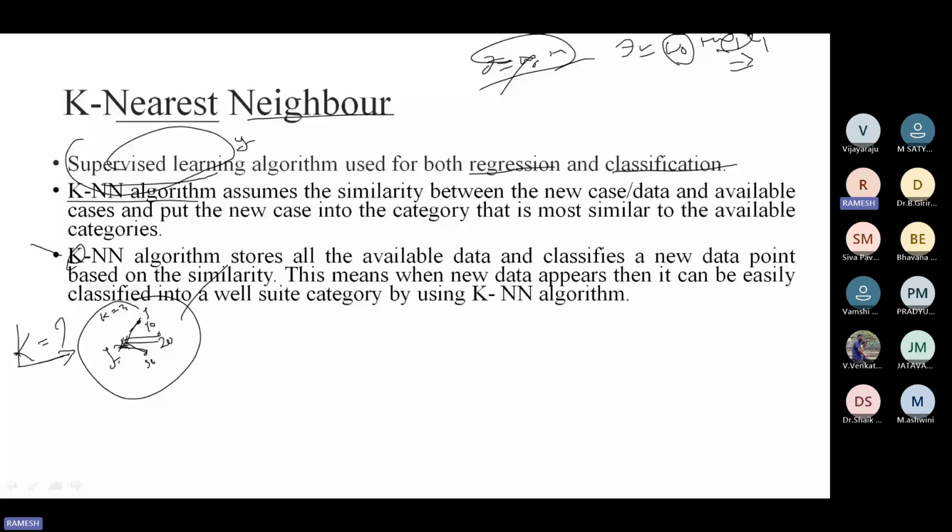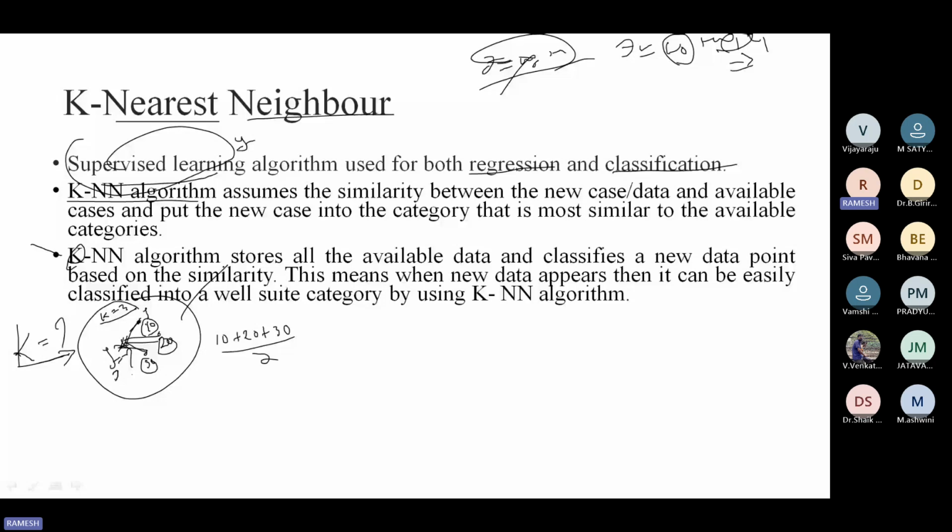We found 3 nearest neighbors with output values 10, 20 and 30. It is a regression problem, so we take the average of their y values as the new data point's value. So the y value is 20.